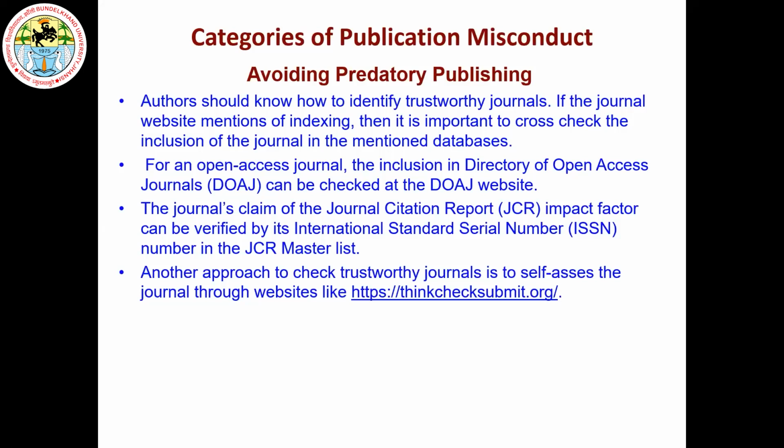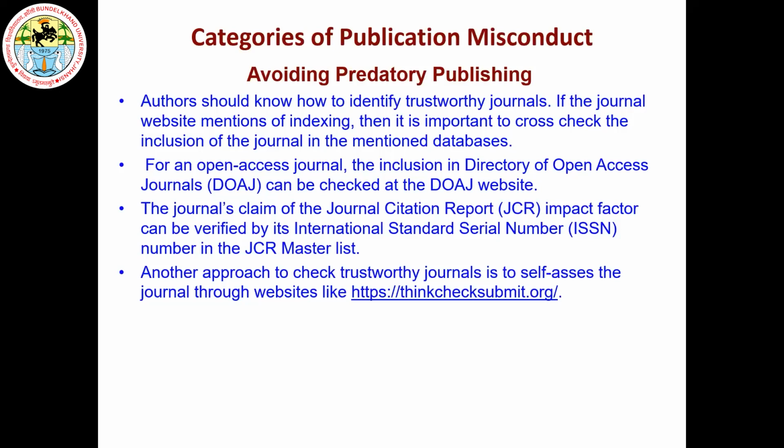Okay, and another approach to check trustworthy journals is to self-assess the journal through the website link given here. So there are ways to find out whether it is a predatory journal or not, and if you come to know that it is a predatory journal, you should try to avoid publishing in it.